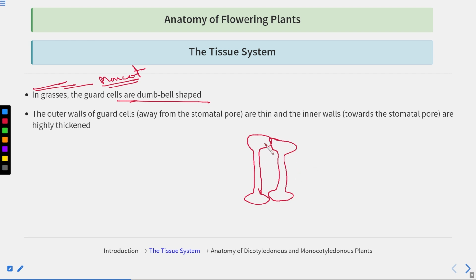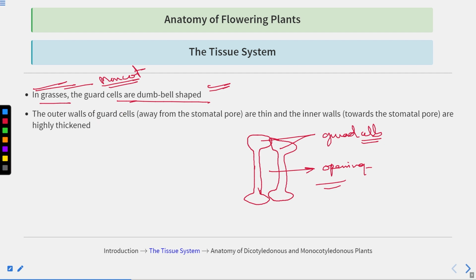This is the guard cells, and this is the opening. So this type of stomata is found in the case of grasses.